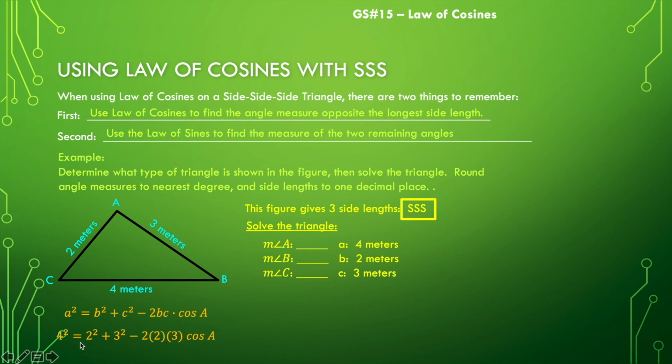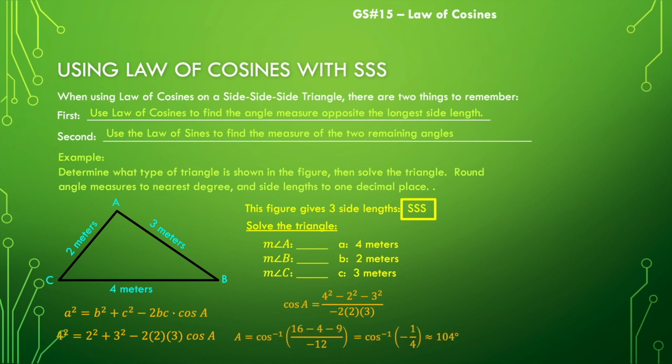So let's do that much first. So we've got cosine of A is equal to 4 squared minus 2 squared minus 3 squared, and then we're dividing out the coefficient of cosine A, so divided by -2 times 2 times 3.